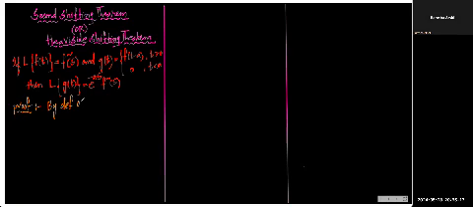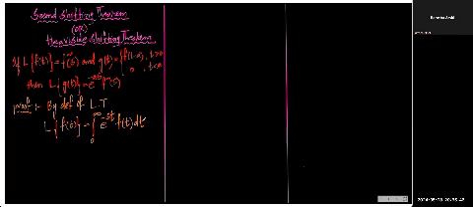by definition of Laplace transform we use the Laplace transform definition. What is that? Laplace of f of t is equal to integral 0 to infinity e power minus st f of t dt.